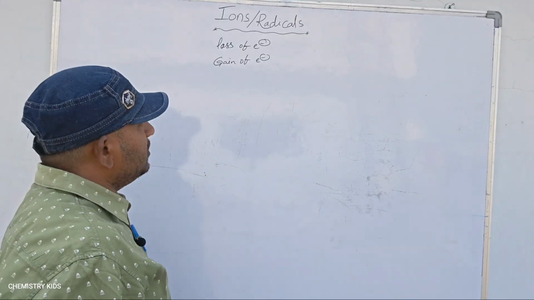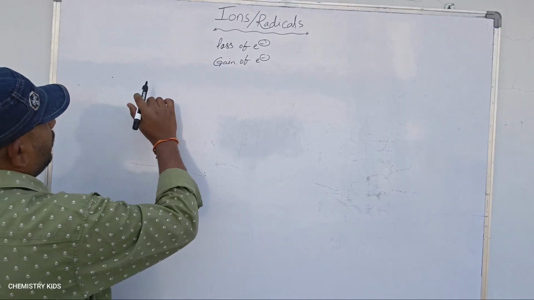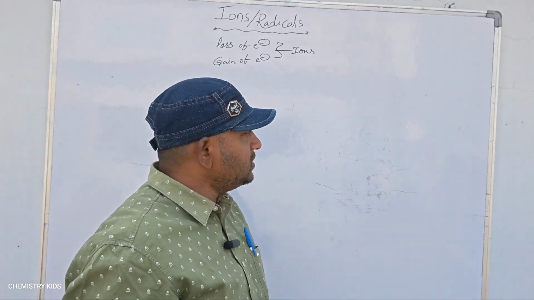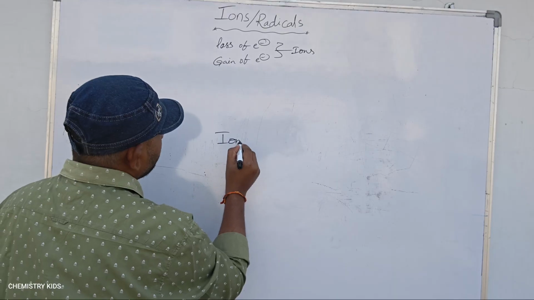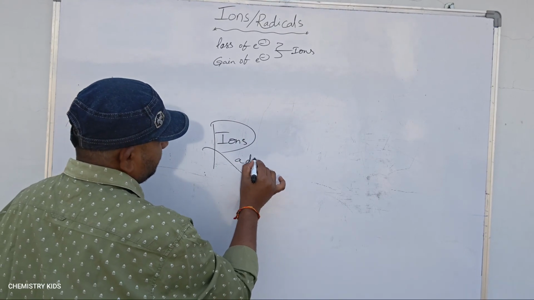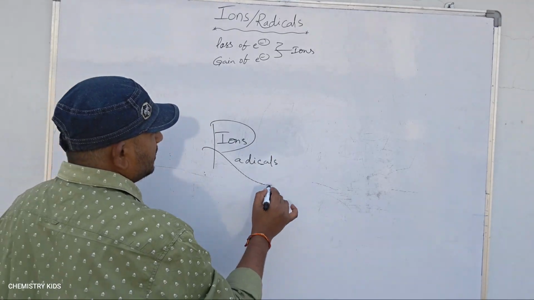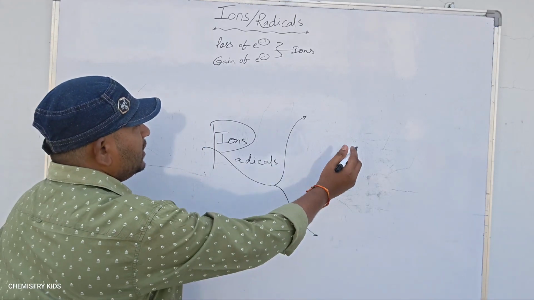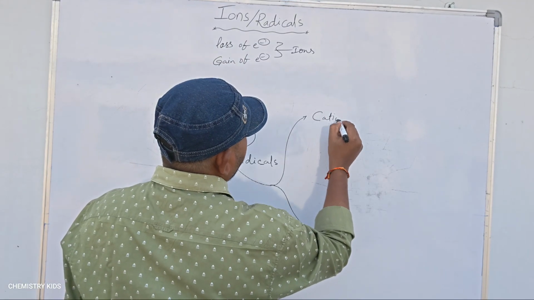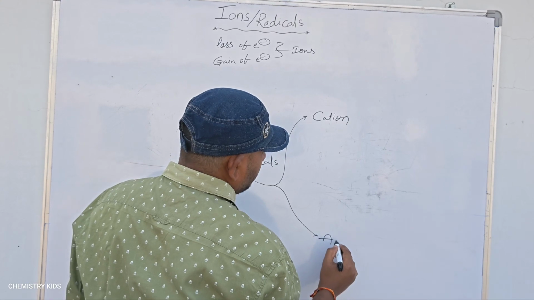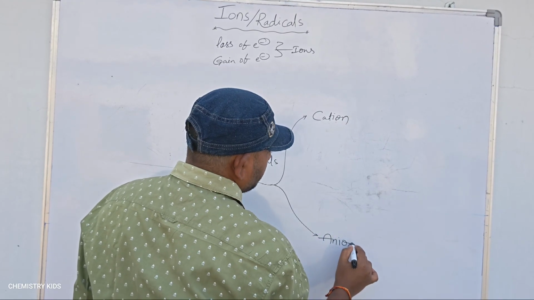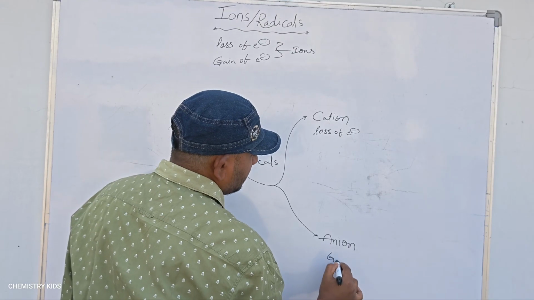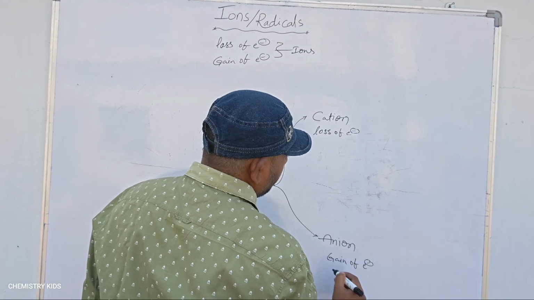Depending on the electron, ions can also be called radicals. Ions are majorly of two types, depending on whether the electron is lost or gained. If electrons are lost, a cation forms. If electrons are gained, the atom or compound is called an anion. So cations form by loss of electrons, and anions by gain of electrons.